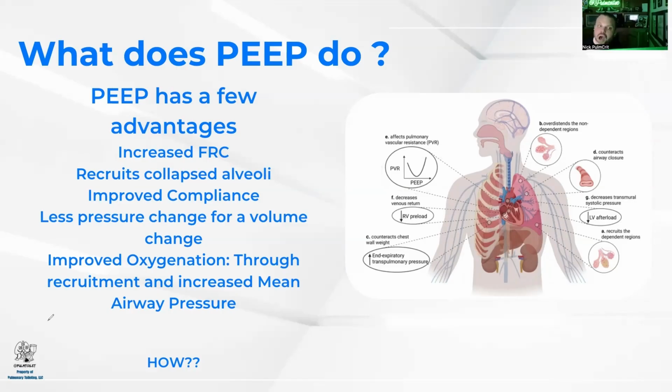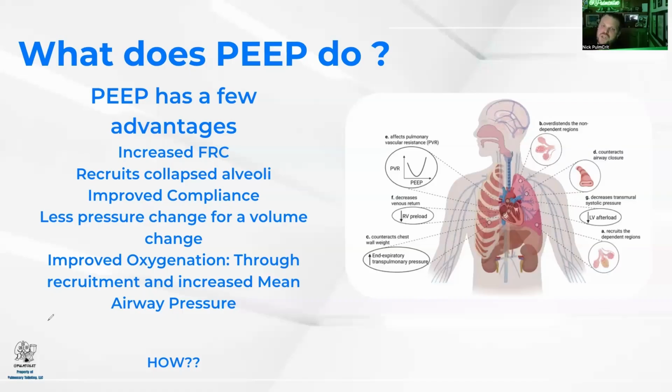We know that PEEP helps the left ventricle because it decreases left ventricular afterload. It also helps with the transmural pressure of the left ventricle by sort of decreasing the gradient in the pericardial space. So you increase the gradient in the pericardial space because you're adding pressure into the chest.